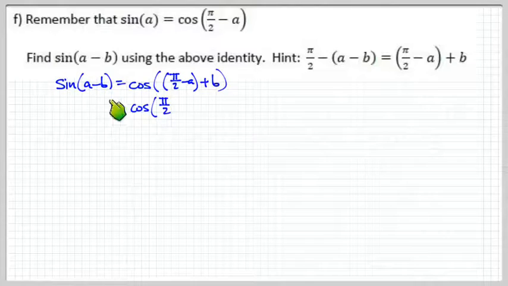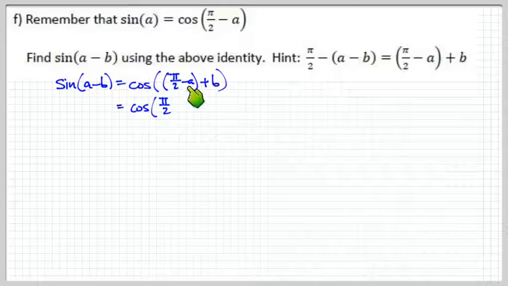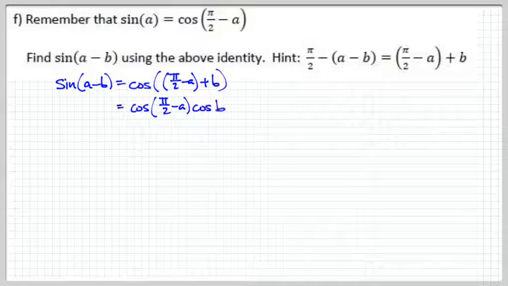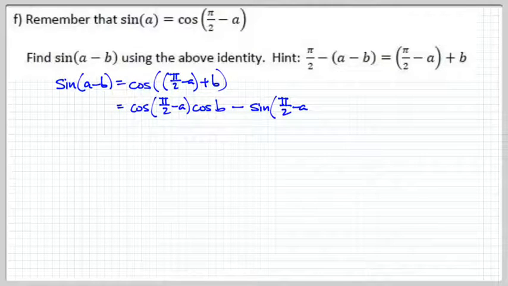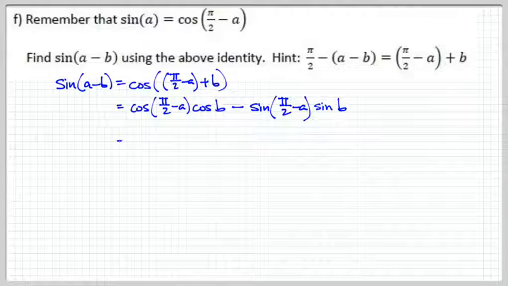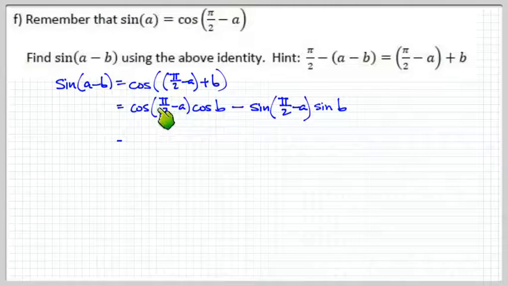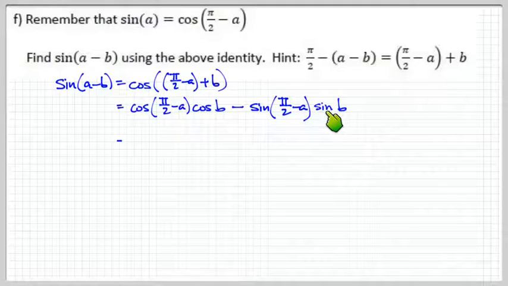Okay, so let's start off with this. We know that sine of A minus B is equal to the cosine of its complement, and I rewrote the complement in this way over here. Now I have an angle plus another angle, so I'm going to use the cosine sum identity to write this out: cosine times cosine minus sine times sine.